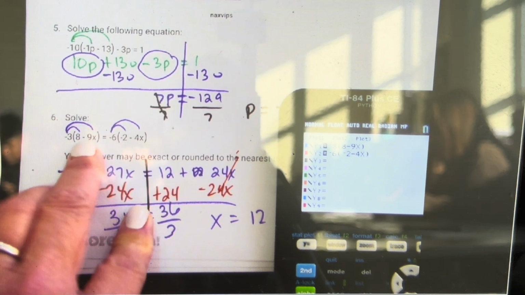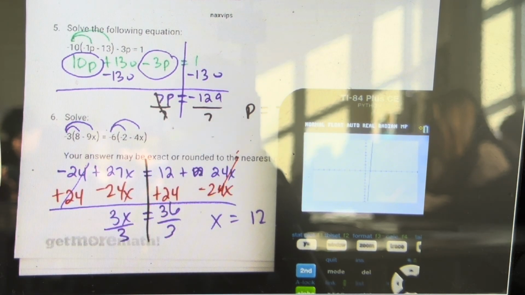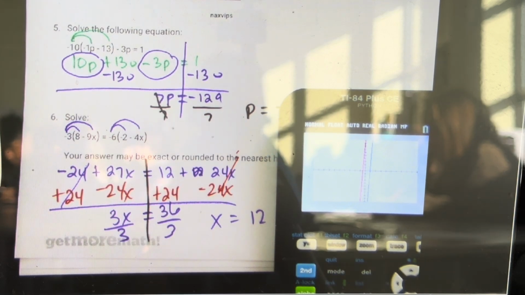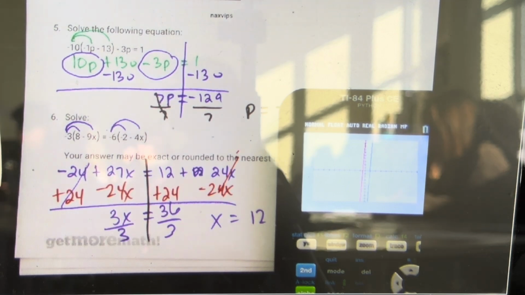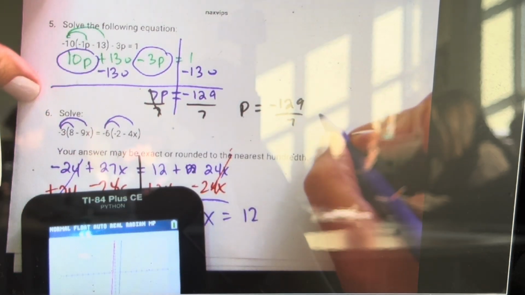So left side in y1, right side in y2, graph. And then where? Damien, where do we go? Okay, if you don't remember it, are you going to be able to use it for your test? No. So you're going to do Calculate.